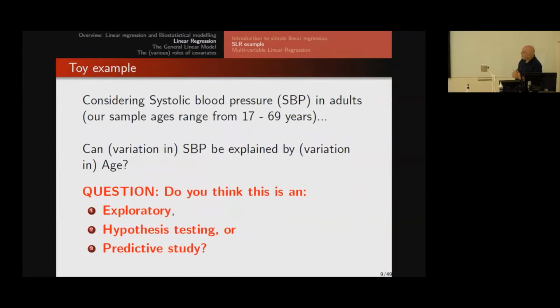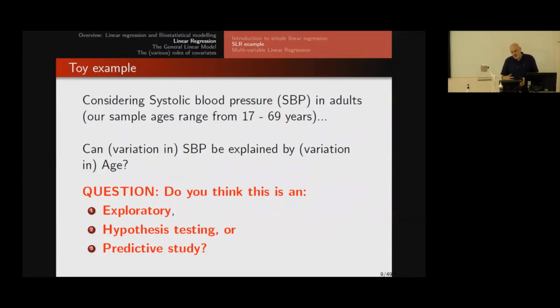And just note that when I say adults, the sample we actually have are people from about 17 to 69 years old. Our study population are adults from a particular hospital, and our target population might be Australian adults.